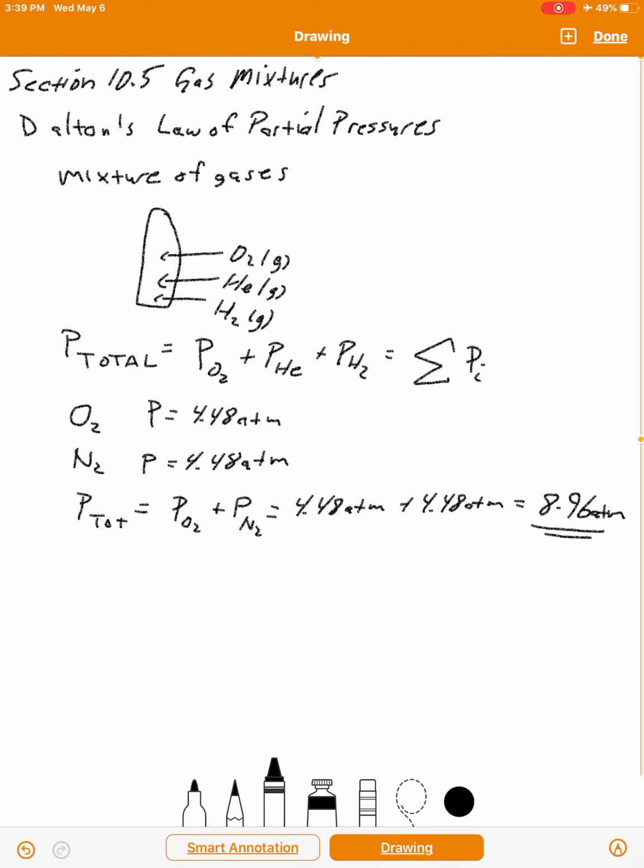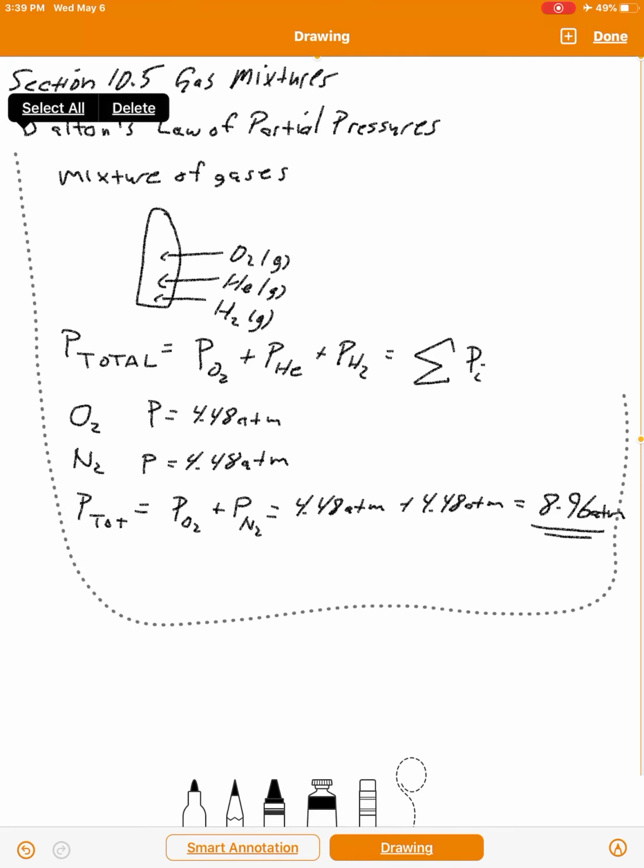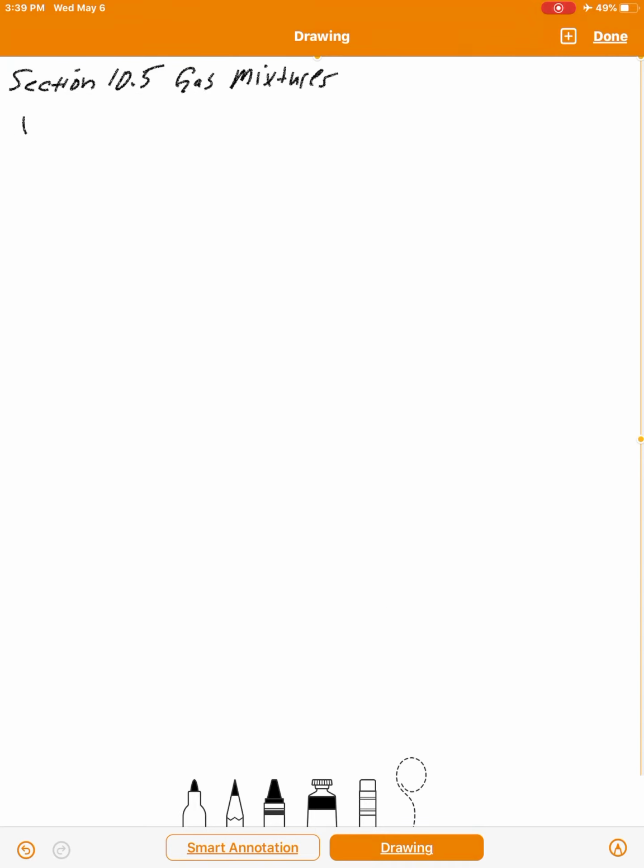Now, the question is, how far can we go with this? So what I'm going to do is talk a little bit about the types of problems we can look at. And to do that, I'm going to introduce something called the mole fraction, which is useful for talking about this.